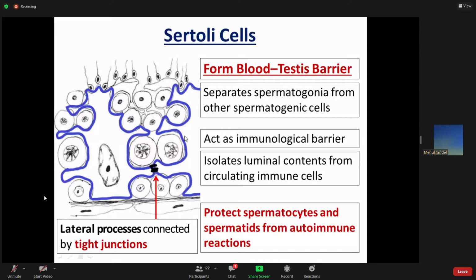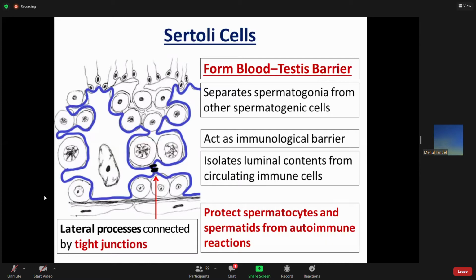Why? Because these spermatocytes and spermatids have a different genetic material. After spermatogonia are converted into spermatocytes, the genetic material is different. So they may be recognized as foreign cells by our own blood, or we can say our own immune cells. These newly formed spermatocytes, spermatids or spermatozoa are recognized as foreign cells by our own immune cells.